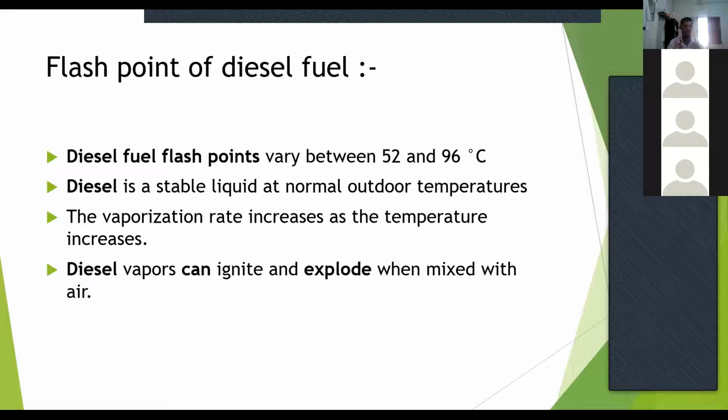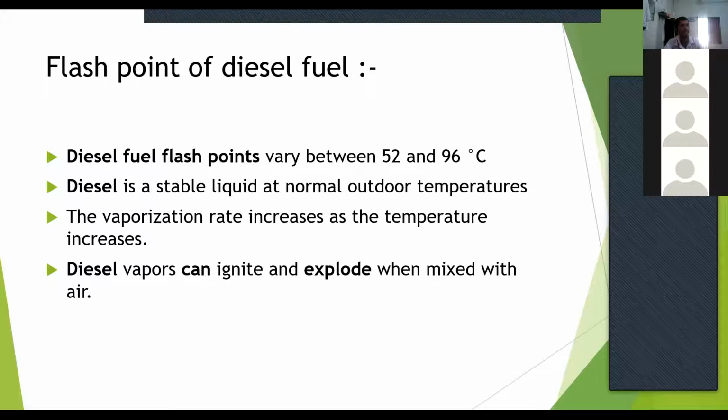Those things can affect the flash point, so we are not going to get the same flash point for every sample. But we have some range: for this diesel, the flash point is between 52 and 96 degrees Celsius. If we don't know that, it is difficult to get it, right?